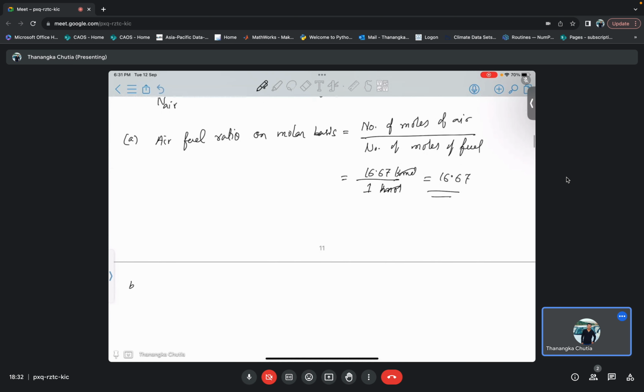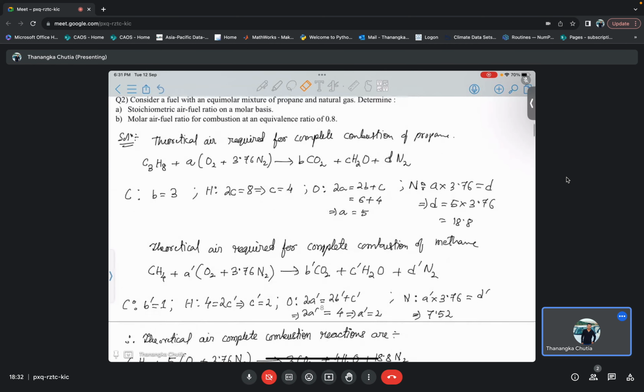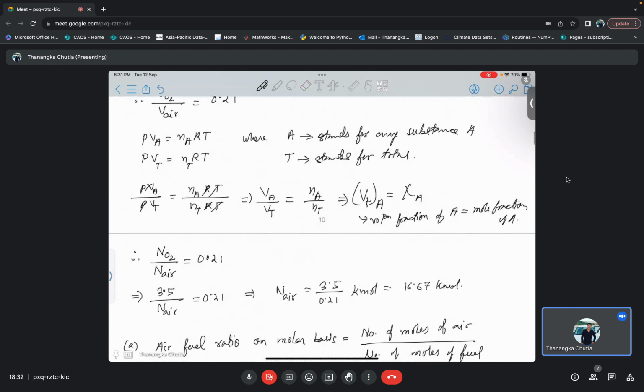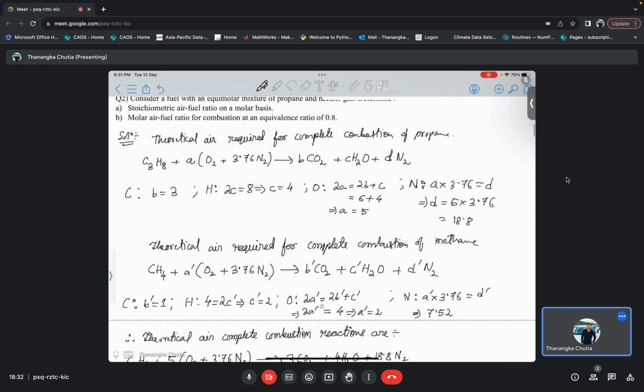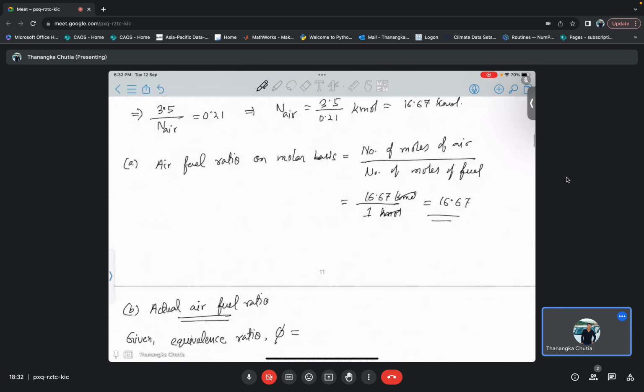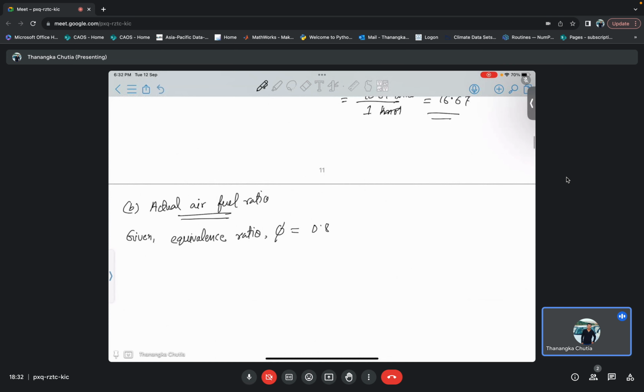Now second is equivalence ratio. We need to calculate the molar air fuel ratio, that is the actual air fuel ratio. So given equivalence ratio phi is equal to 0.8.